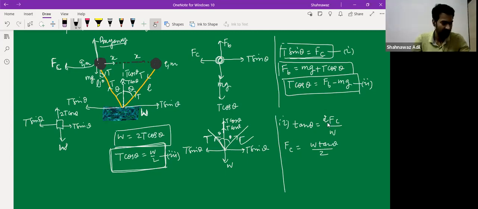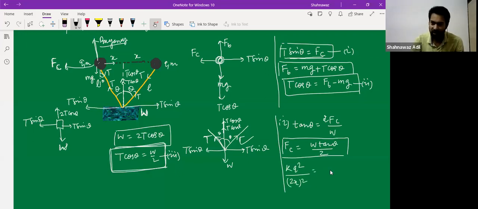So now we know what this Coulombic force is, right? The separation is 2x and the charges are Q and Q. So this would be simply KQ square by 2x square, and this is W tan theta by 2.